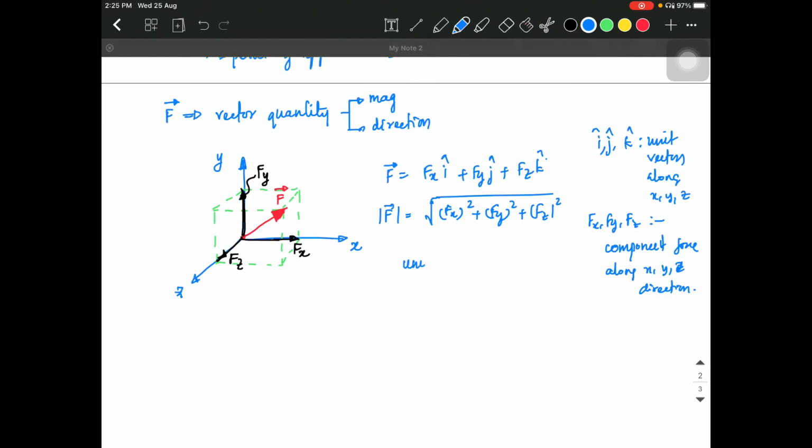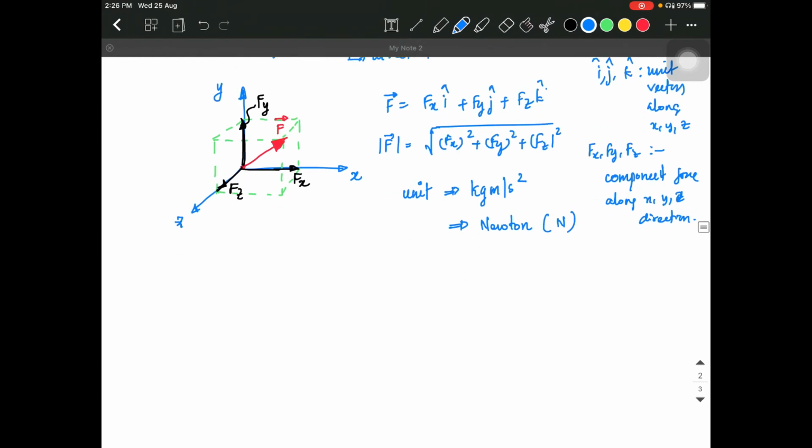The unit of force is kilogram meter per second square, which is denoted as Newton, represented by the capital letter N. So that's about forces.